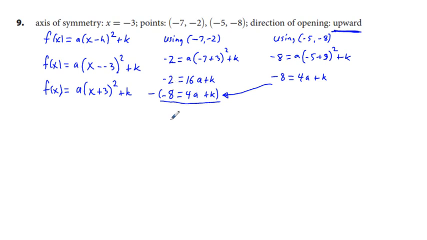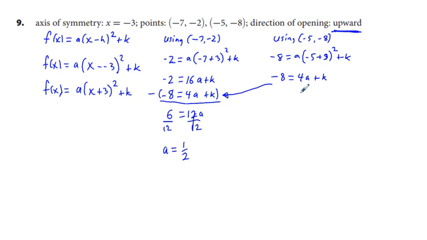So we're going to have on the left side of the equal sign negative 2 minus negative 8, which is going to end up as plus 6. And then we have 16a minus 4a, which is 12a. And then we have k minus k, which is 0. So we have 6 equals 12a. So if we divide by 12, a is equal to 1/2.